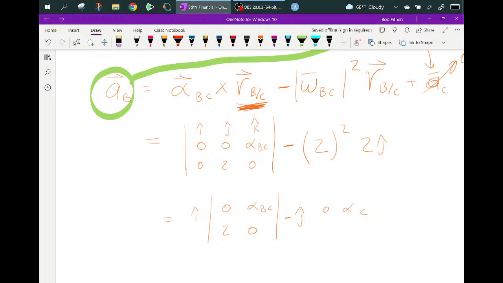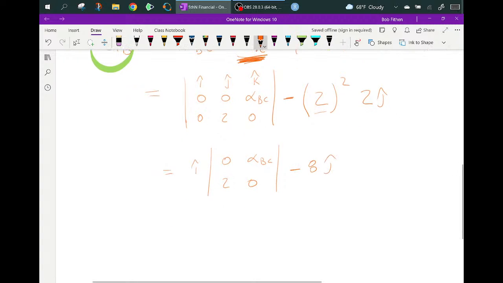So in fact, you didn't even need any of this. And then 2 is 4, and then 8, so minus 8J. So you end up with a minus 2 alpha BC I minus 8J. That is the acceleration of B.